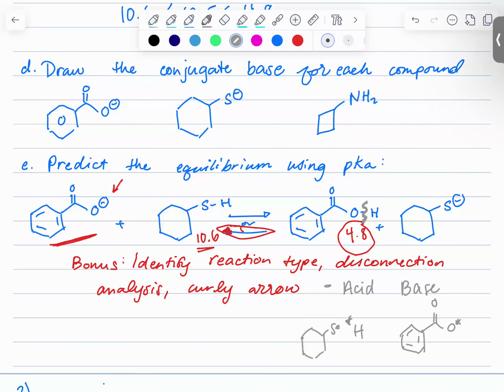And I kind of already have them reorganized in the way that makes sense. So then what else do I need to complete this disconnection analysis? What else do I need to indicate? Bonds formed. And what bond is formed? For the sulfur. Do we feel good about that?